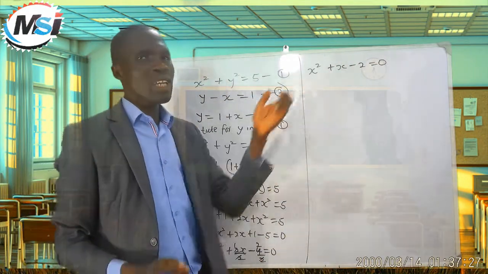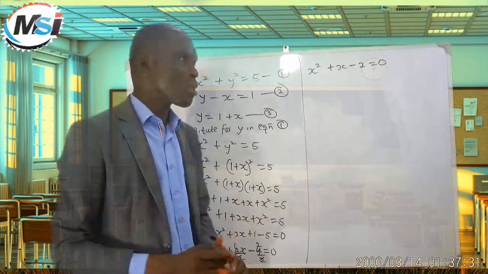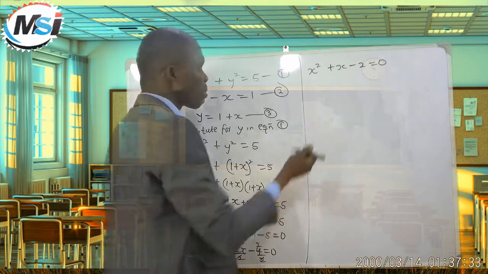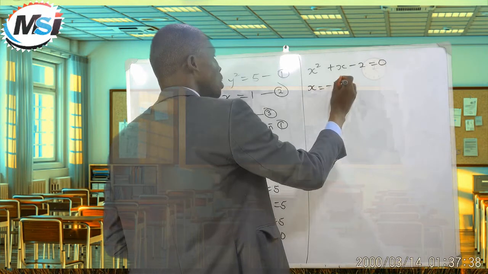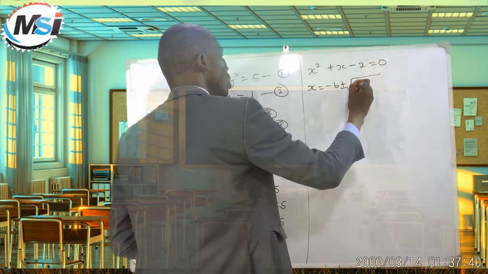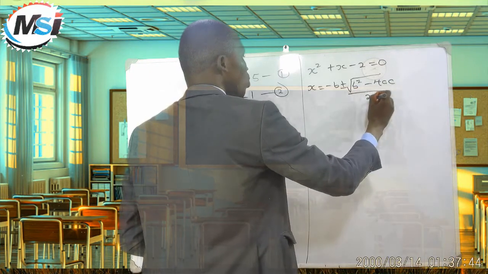From here we can use the factorization method or the quadratic formula. I want to use the quadratic formula, which gives x equals minus b plus or minus the root of b squared minus 4ac, all over 2a.